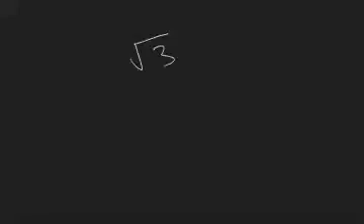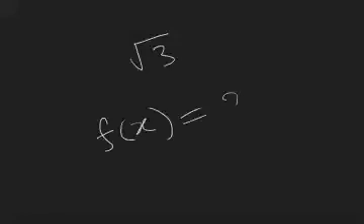Look at this function. f(x) is x squared minus 3. This is a continuous function because it is a polynomial, right? A second degree polynomial, so it is very smooth.